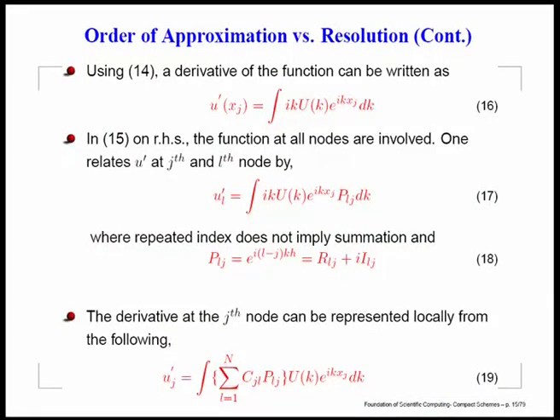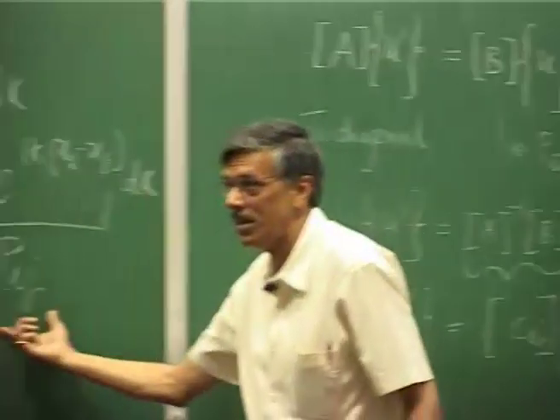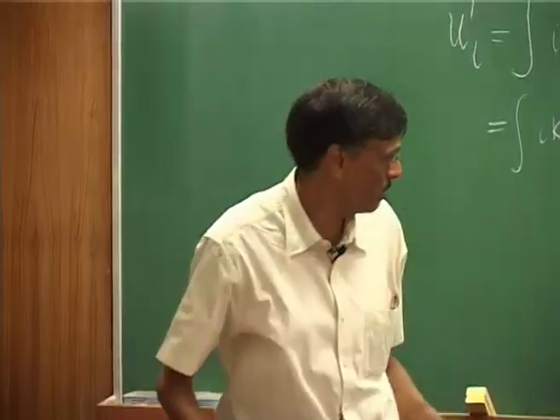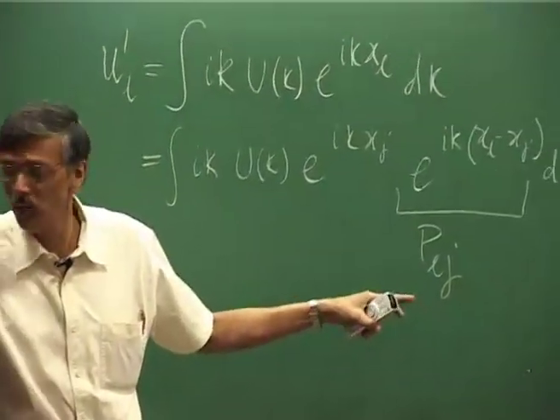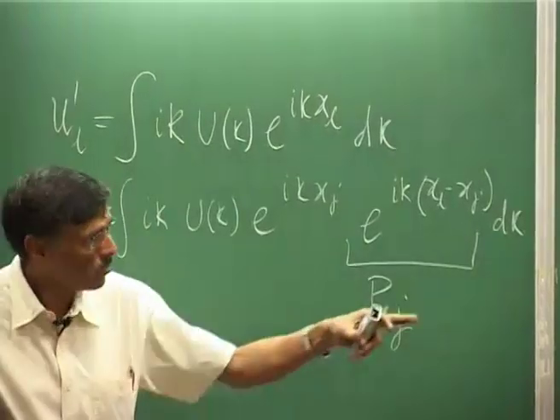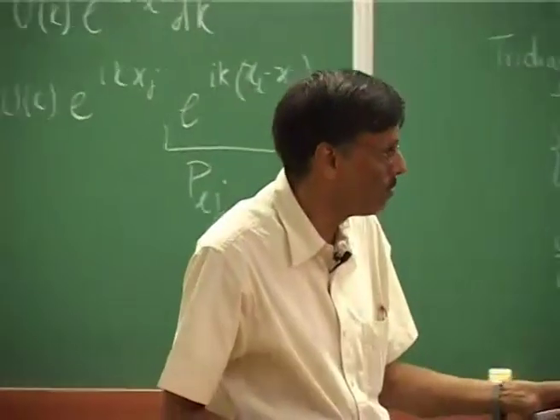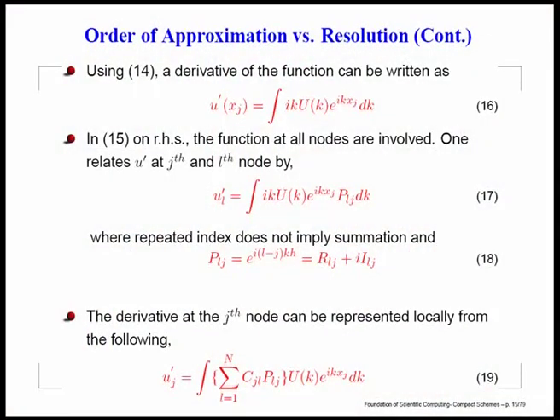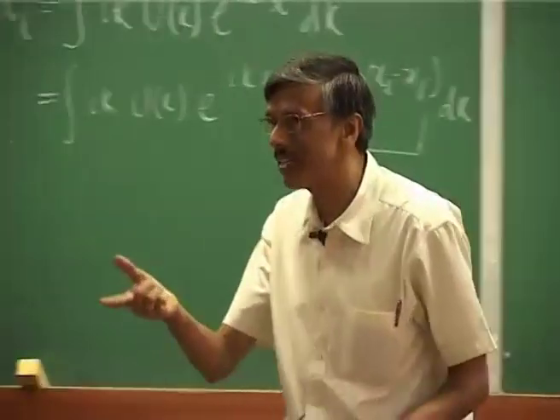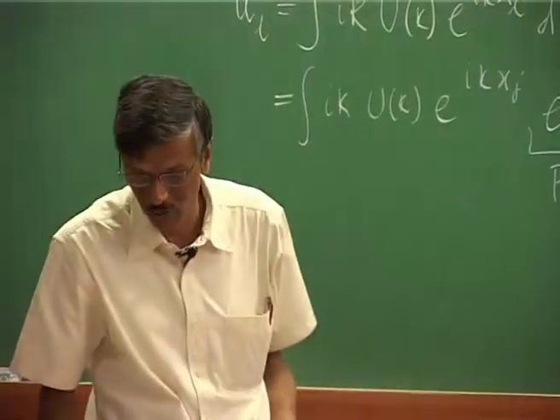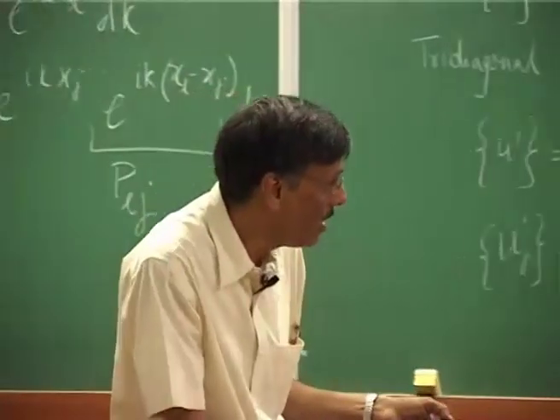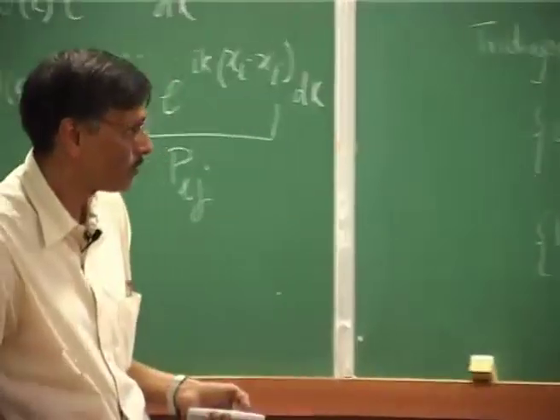I have taken the jth row and I have multiplied. I have done that phase shift business. I project each and every point to the jth point. U1 has been projected to u_j by having this, and so on and so forth. So that's why this quantity within braces tells you how the projection has been taken with the help of the C matrix. C matrix is also again a constant coefficient matrix, so you do not have to worry about anything. These are easily obtainable. Okay.